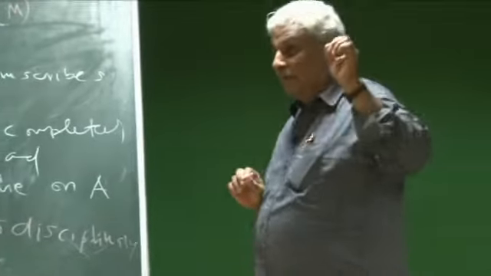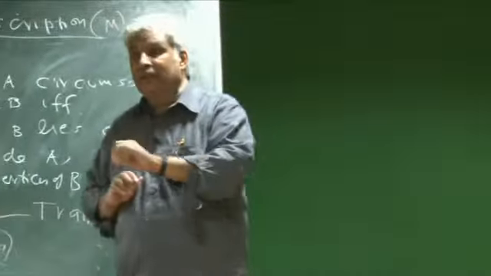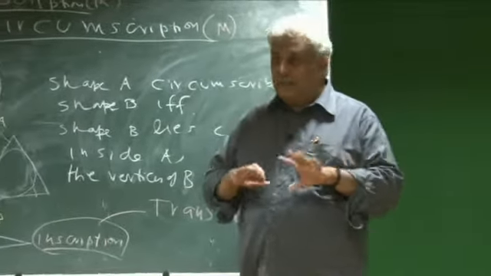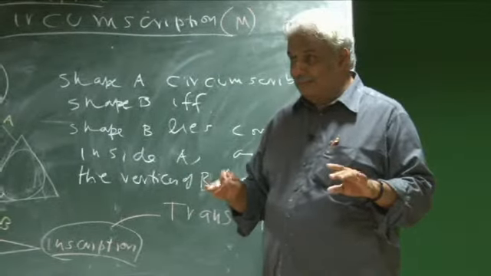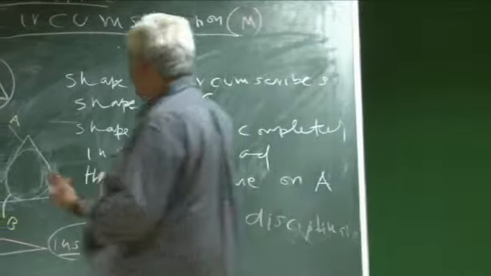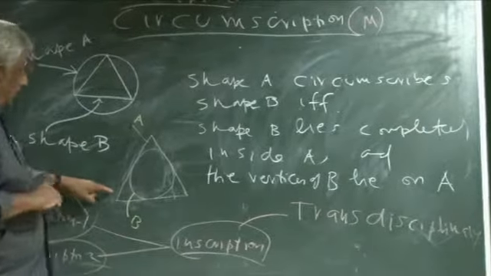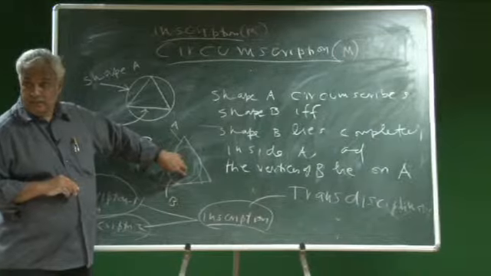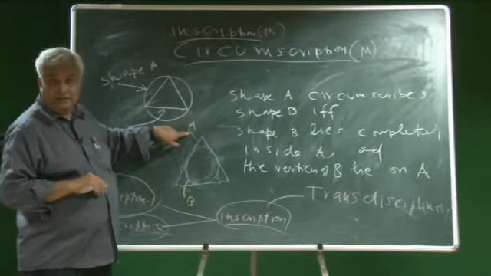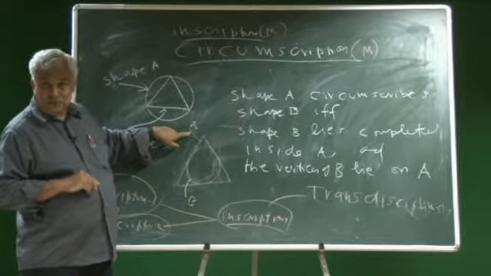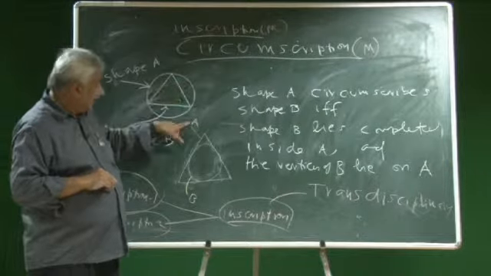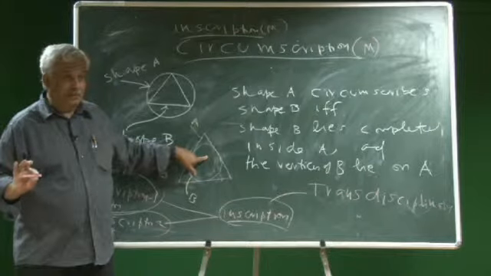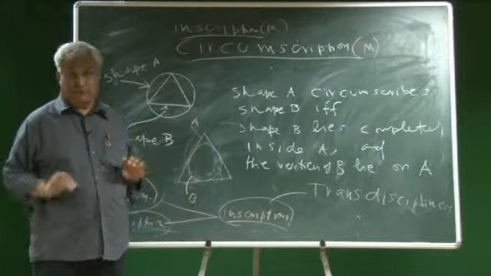Can we say if A circumscribes B, if you agree that they are inverses, then granted that shape B is inscribed in A, if you agree that this is so, then of course it follows that A circumscribes B.